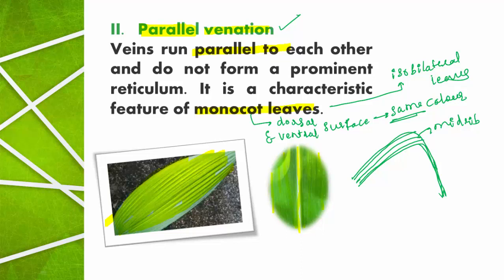The dorsal surface is dark green and the ventral surface is light green. But in monocot leaves, both surfaces have the same color. That kind of leaf is called an isobilateral leaf, and monocot leaves show parallel venation. The best example for monocot leaves is grass.